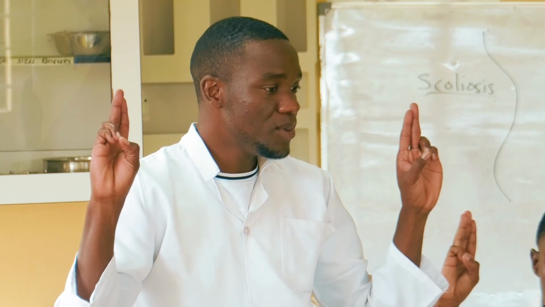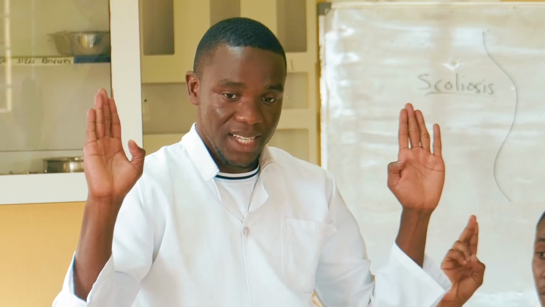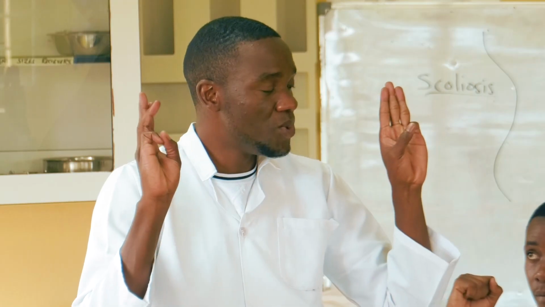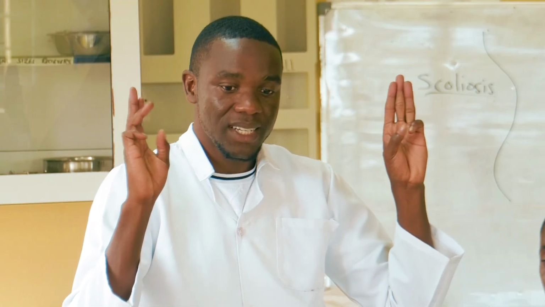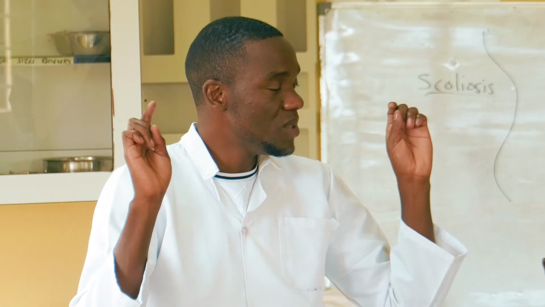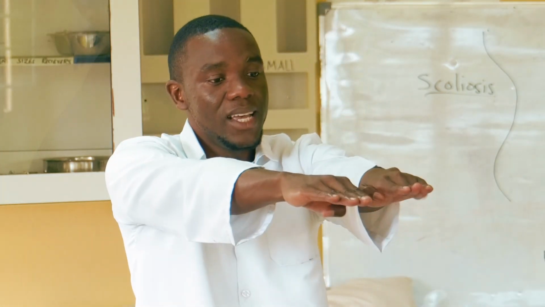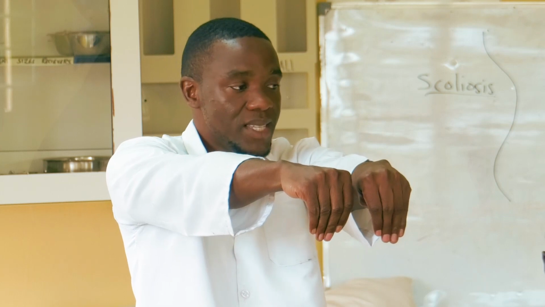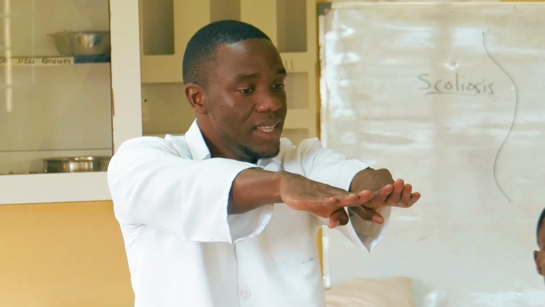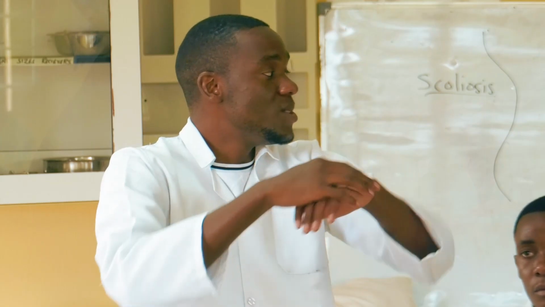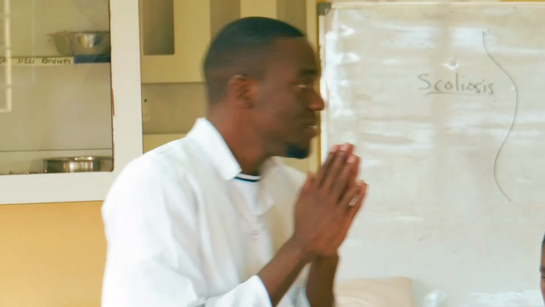Number one, number two, and that's when now you can make the fist. So we want to see the coordination and if there are some joint problems. Then the other one is now you extend them, then you flex them like that. And that's how we check if the joints are having any problem.